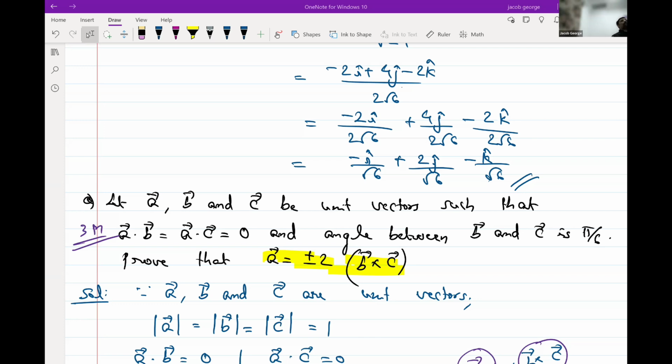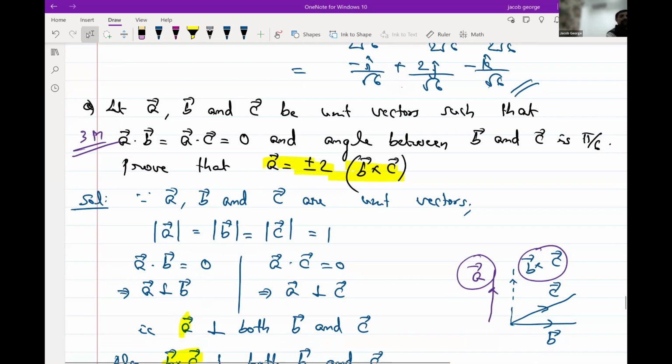Okay, so we start with the unit vectors. Unit vector means what about its magnitude? Magnitude is equal to 1, right? We start with that. This question is a 3-marker question. So since they are unit vectors, magnitudes are 1. Then perpendicular means A dot B is 0, A dot C is 0.